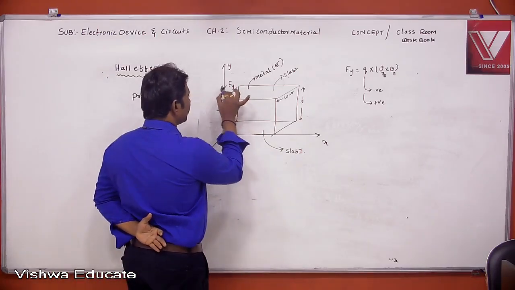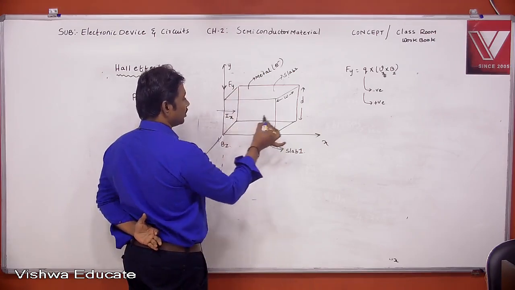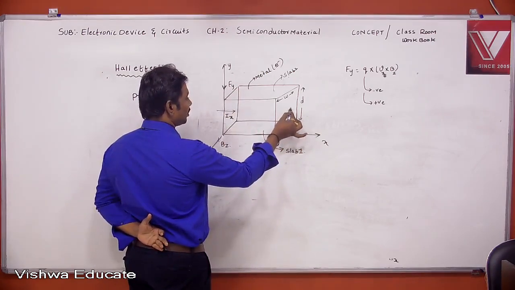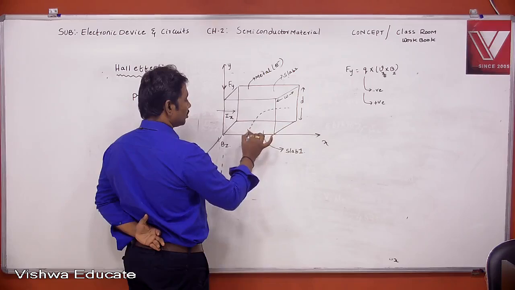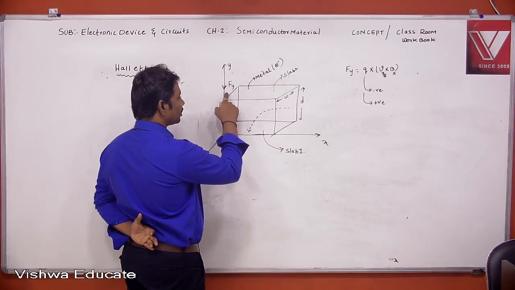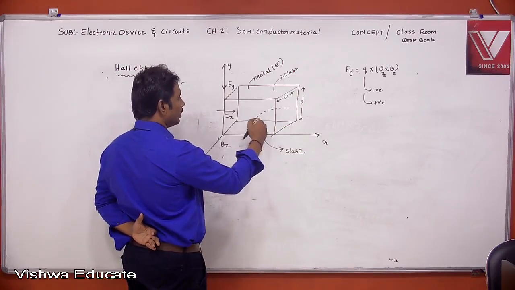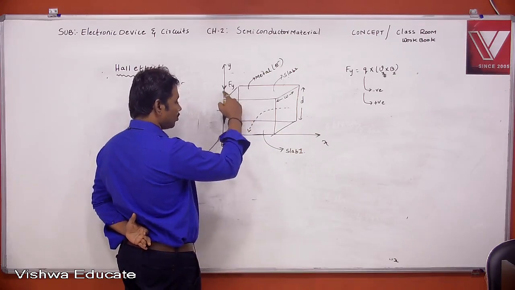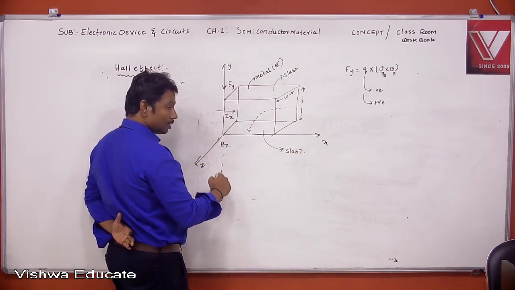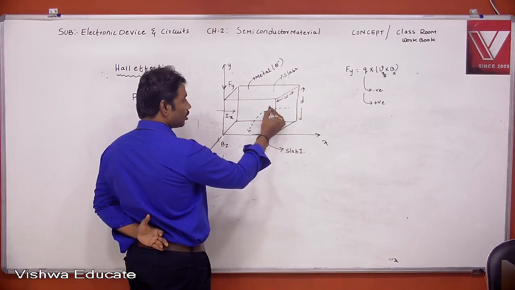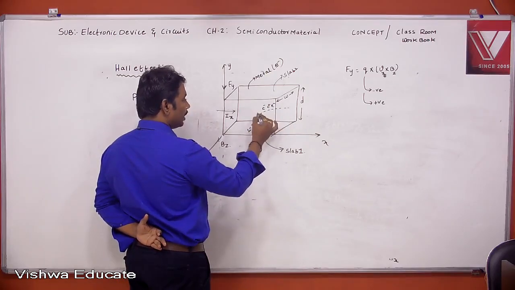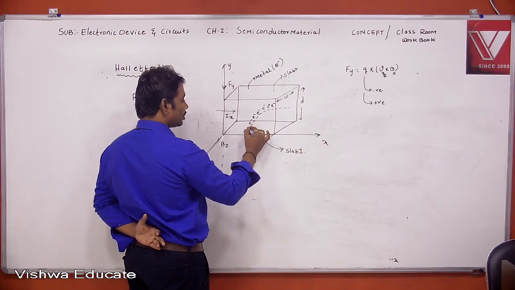See, due to this Lorentz force, what happened actually? The electrons are bending towards downwards. Why? I already told you, due to this Lorentz force, the charge carriers are bent toward the direction of the Lorentz force. Here, what is the direction of the Lorentz force? Towards negative y direction, right? Electrons also bend towards negative y direction, right?